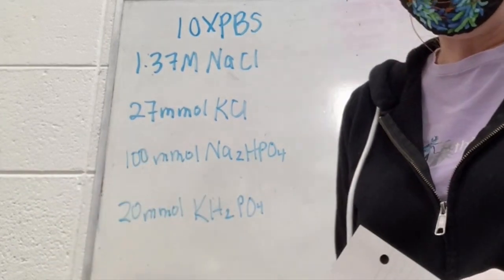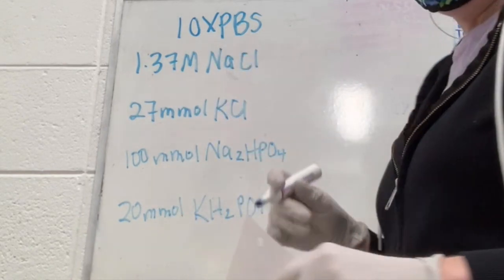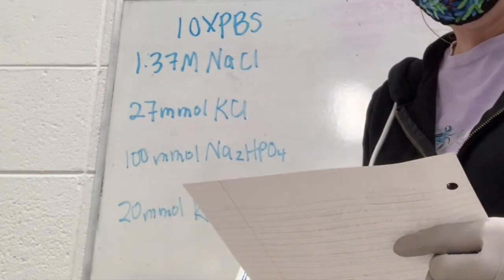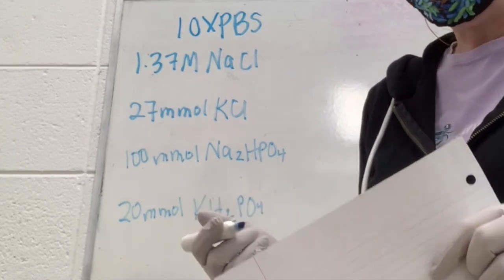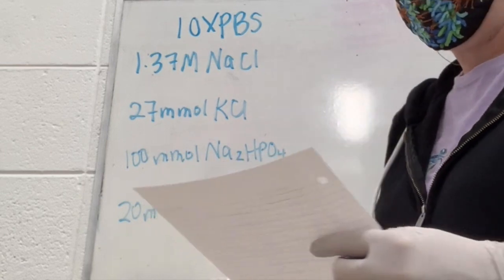So if you had a recipe like this where you have multiple things that need to go into a solution, you would do as we talked about before and look at the amount you want to make and the molecular weights to determine the mass to add.